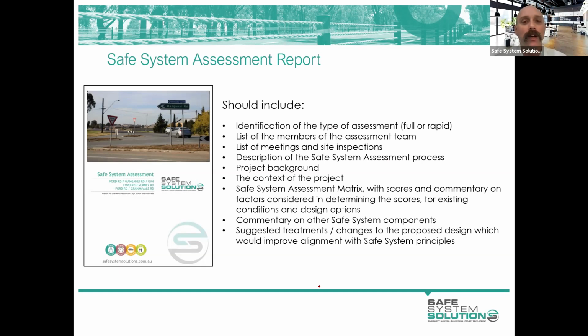The way we do it is to chop it up into homogeneous sections. So if you've got multiple intersections with the same general setup, you can do them together, and within your arrival at that score for intersections, you may be dot pointing stuff at the specific intersections.